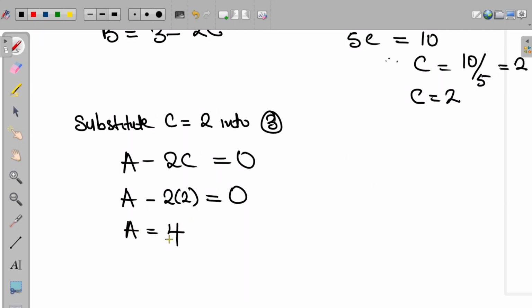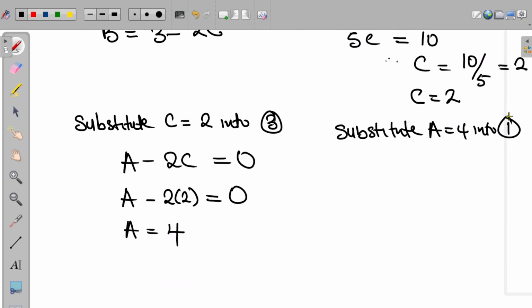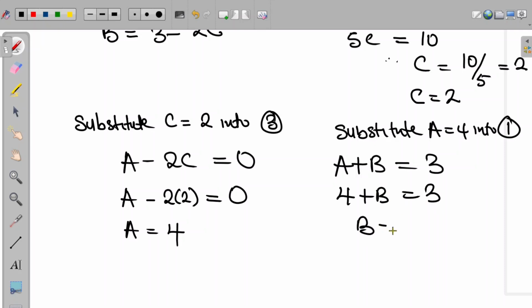Now, to obtain the value of b, we substitute a equal to 4 into equation 1. Equation 1 gives us a plus b equal to 3. And a is 4. So we have 4 plus b is equal to 3. So b becomes 3 minus 4.